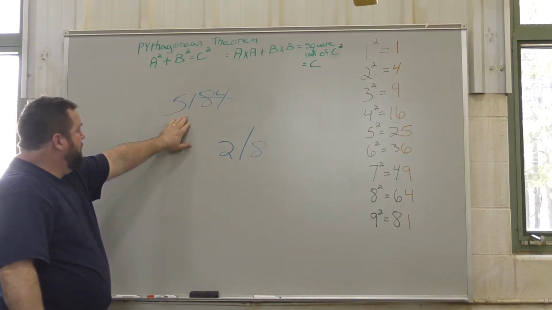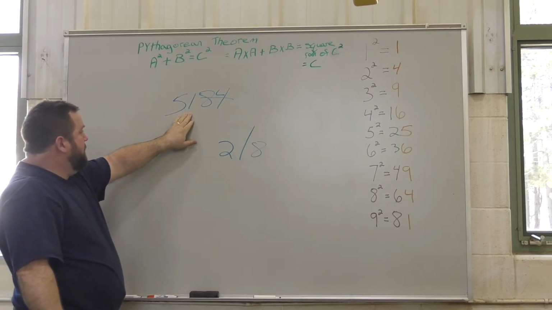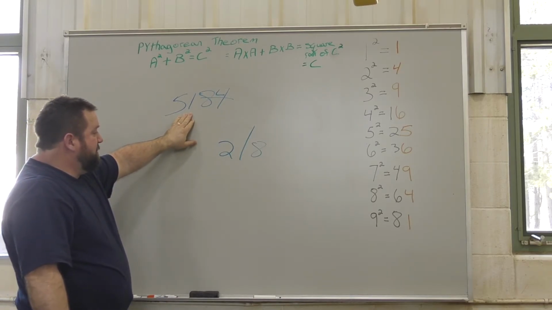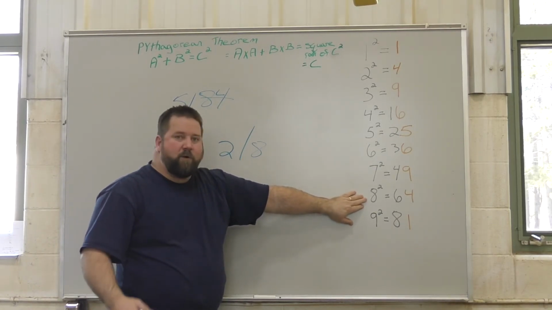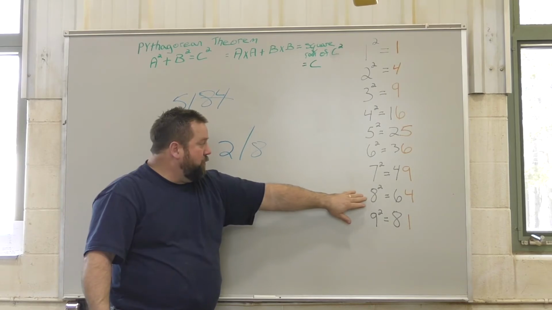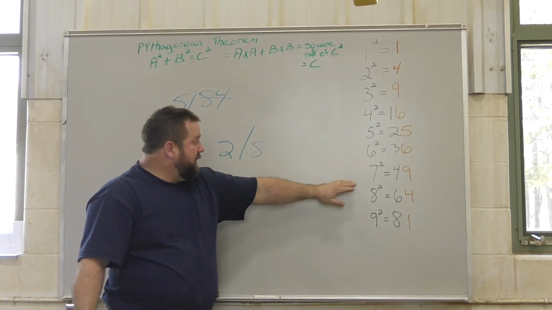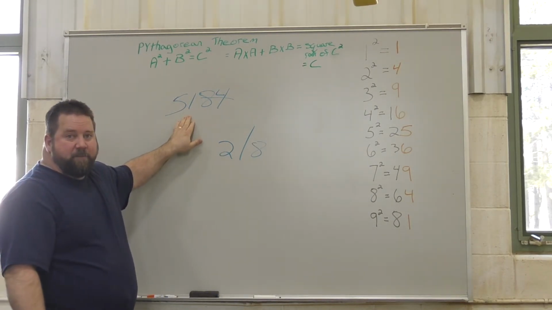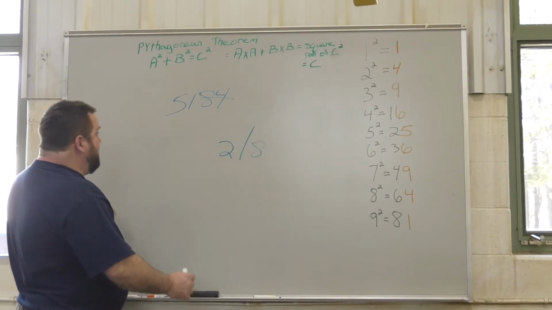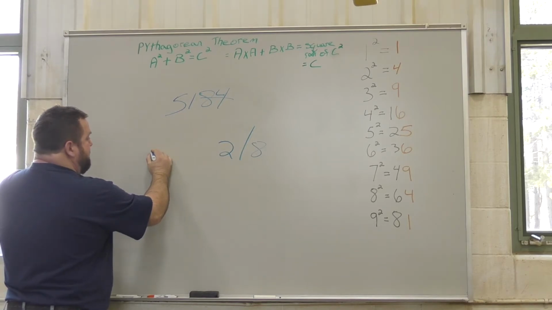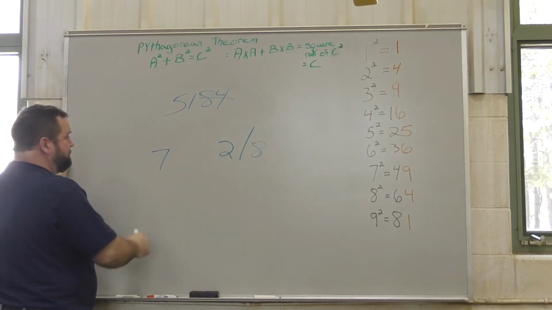Now we're left with 51. So we have to find a number that is close to 51, and we can look at this chart. We can see 8 squared, which we've already figured out, is 64. That's larger than this, so we know it can't be 8. We see 7 squared is 49. So we know this number is going to be 7.